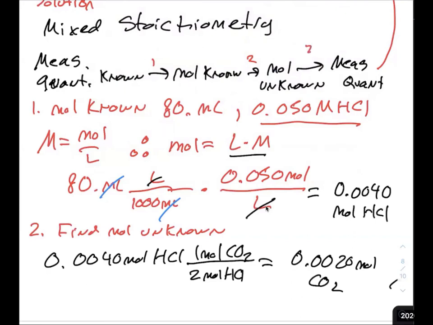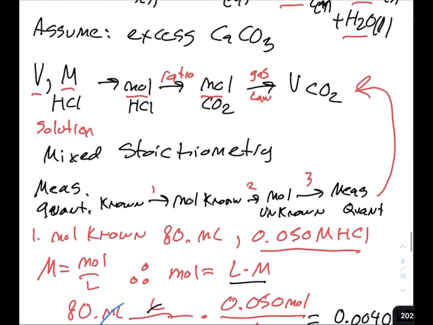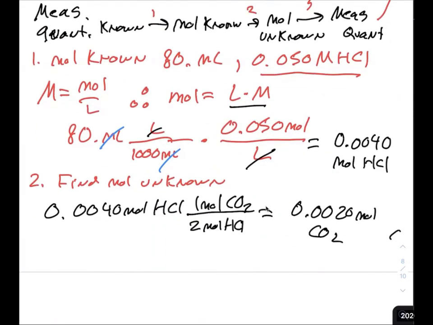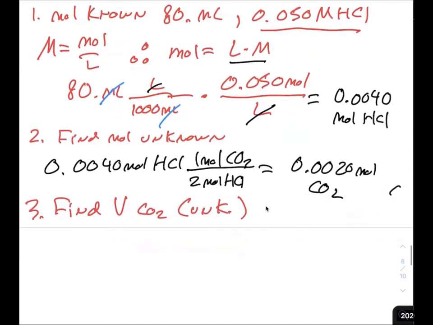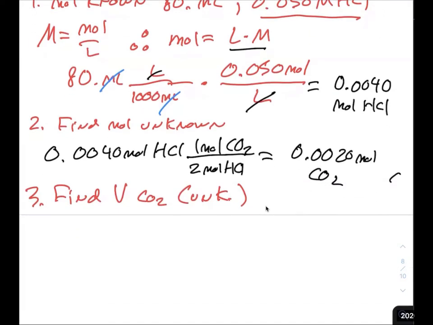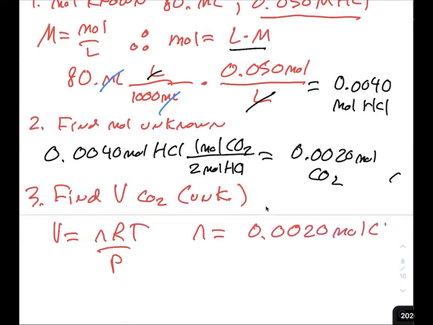Now we go to step 3. Now that I have moles of the unknown, I'm going to use the other things I'm given to find the measurable quantity. I wanted to find the volume of CO2, which is my unknown. The ideal gas law says volume is equal to nRT over P. I already have n, 0.0020 moles of CO2.